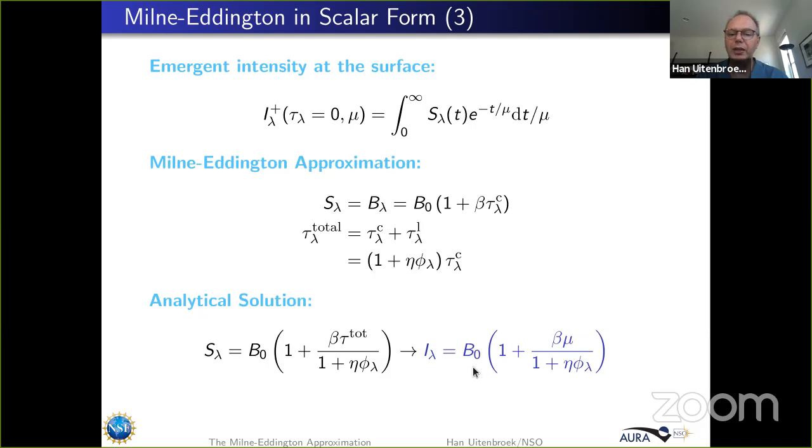Now, what exactly the geometric height is at which you measure this, you have thrown away with this assumption. With the assumption that everything is constant with height, you have thrown away your ability to determine at what height this temperature occurs. You just know that it occurs somewhere in the atmosphere where the line forms. But without any additional constraints, you do not know that from this analysis.